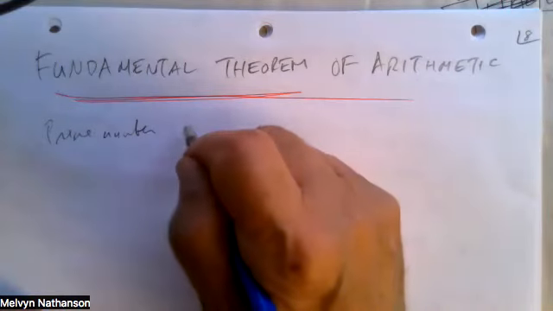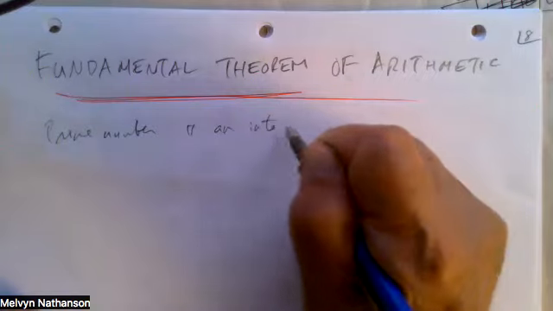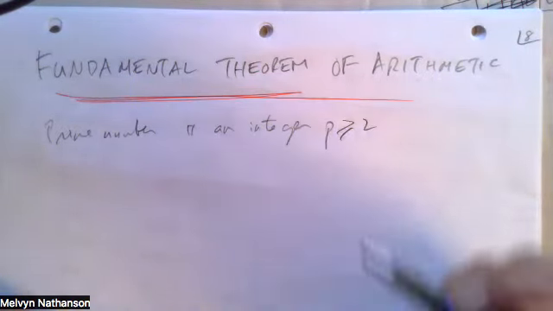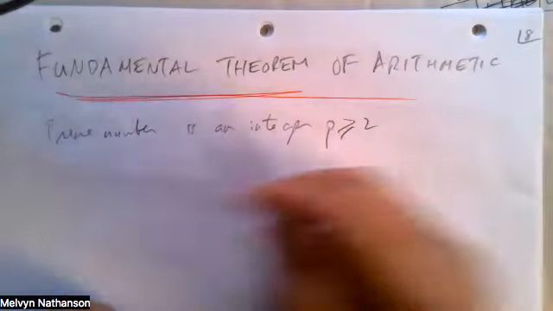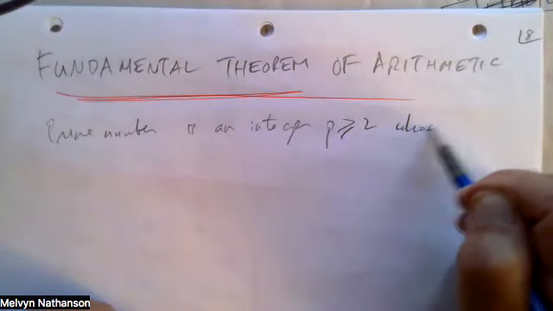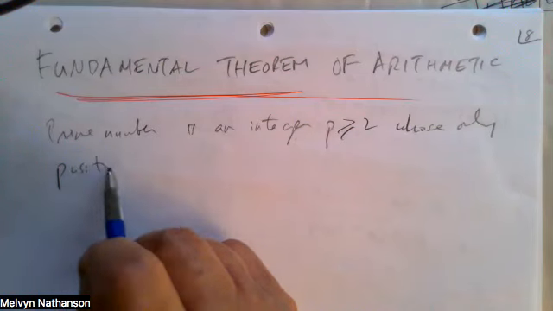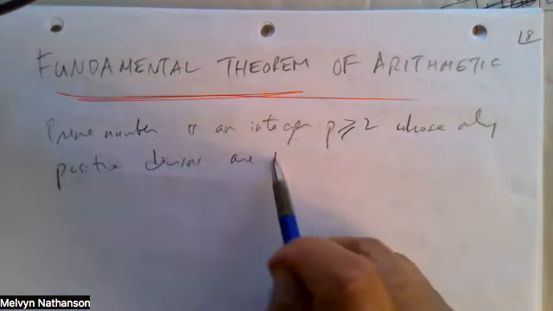A prime number is an integer, it's called p, greater than or equal to 2. 1 is not a prime number. It's an integer greater than or equal to 2 whose only positive divisors are 1 and p.